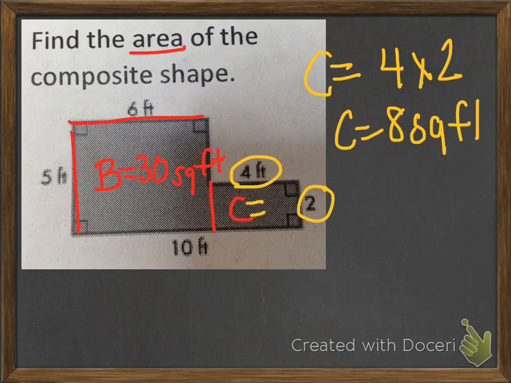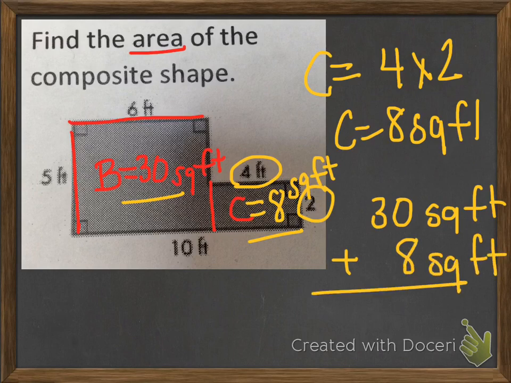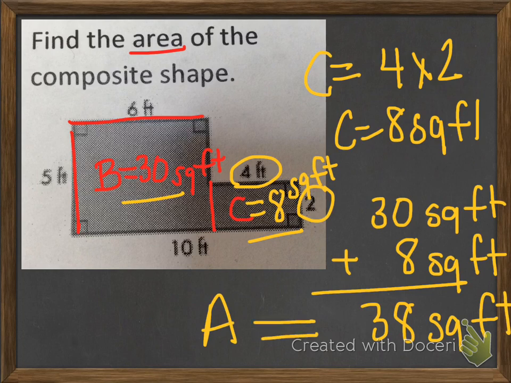Now once I have all of my information, I take both of the measurements, so 30 square feet plus 8 square feet, and I get 38 square feet. And that is my area for both shapes, or the composite shape.